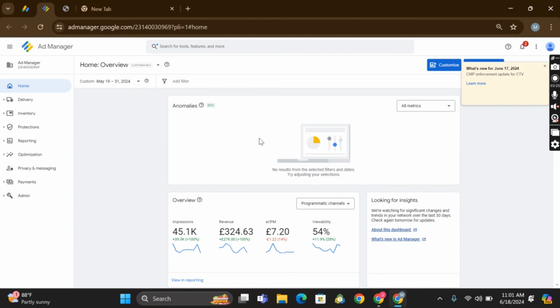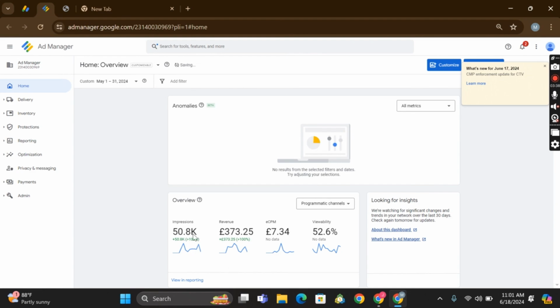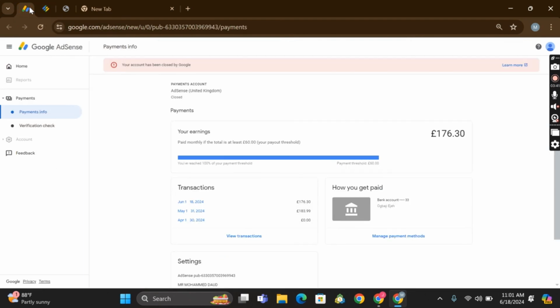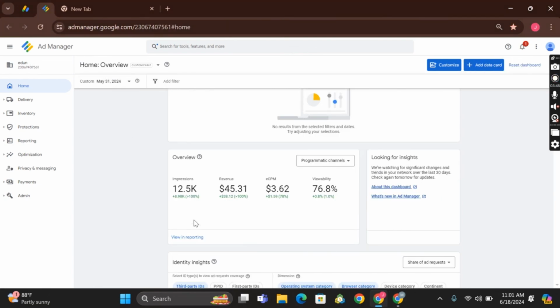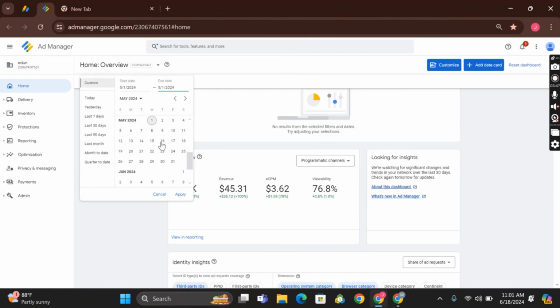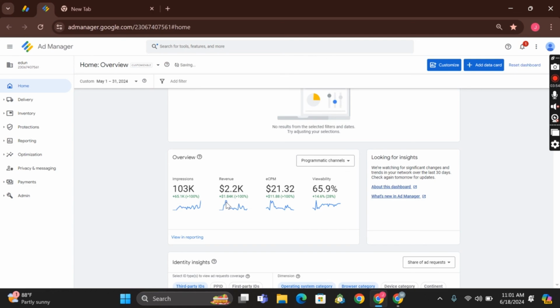And yet Google still disabled the account because I was too aggressive with it. If you compare the impressions, the total impressions for this month are around 50,000. The total impressions I had from May 1st to May 31st for this account is around 103,000, with a revenue of $2.2K.